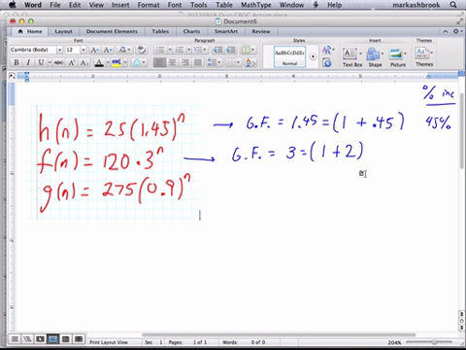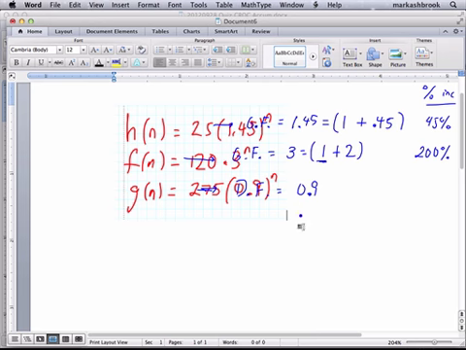It helps to do the 1 plus, because you already have the 100% from before, and if you're tripling, you're including 2 more, so that's the 200% increase. Okay? Growth or decay? Decay. The decay factor is 0.9. Rewrite it as, oh my goodness, what happened?